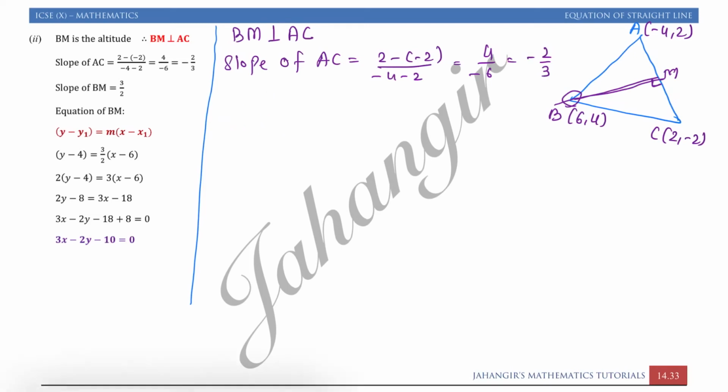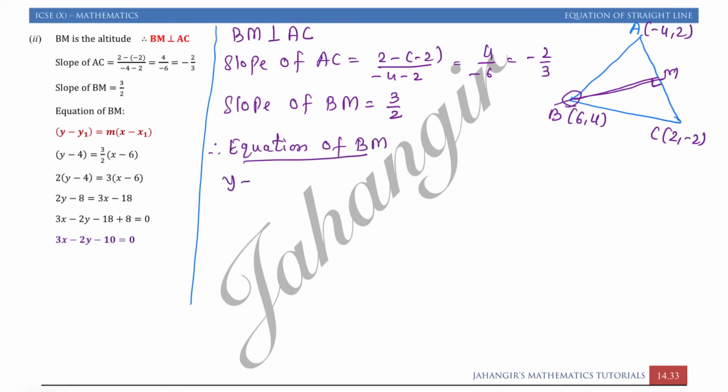I cannot take this. So here I can write slope of BM is the negative reciprocal of minus 2 by 3. So it will become 3 by 2. So therefore equation of BM, y minus y1, here y1 is 4, that is equal to 3 by 2 into x minus x1.